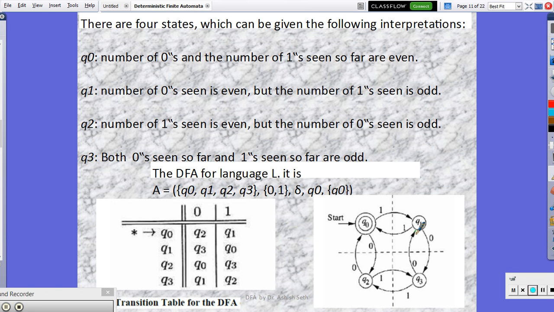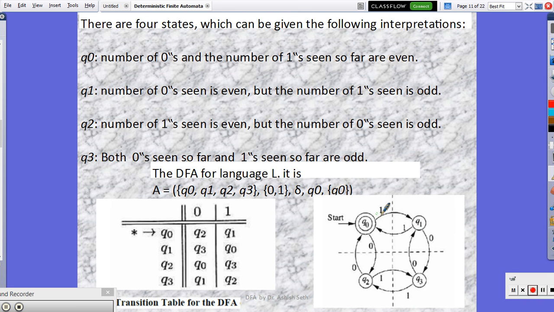In this case we see that we have two ones but odd zeros, or two zeros but one 1. Although zeros fulfil the condition, the 1 is an odd number, so the entire string is not accepted.